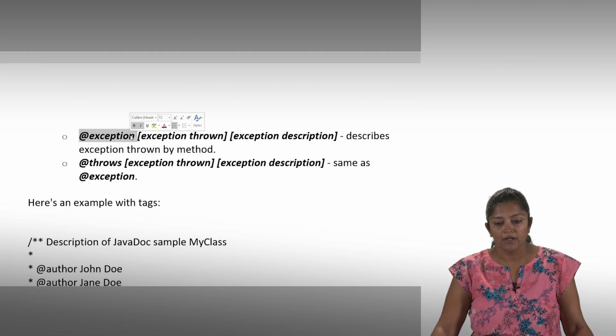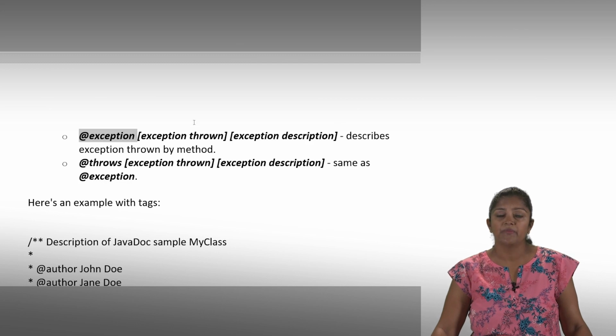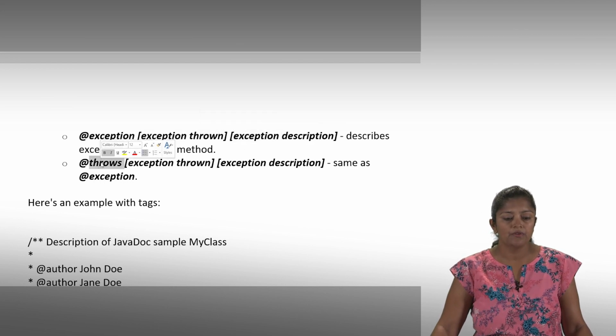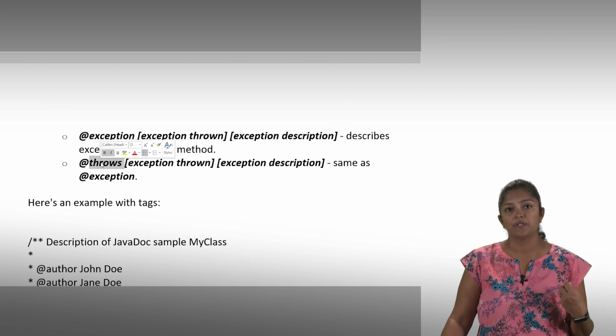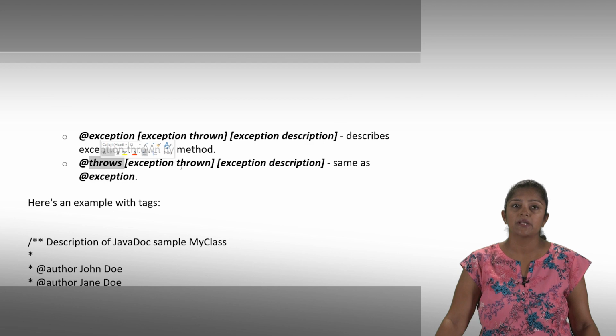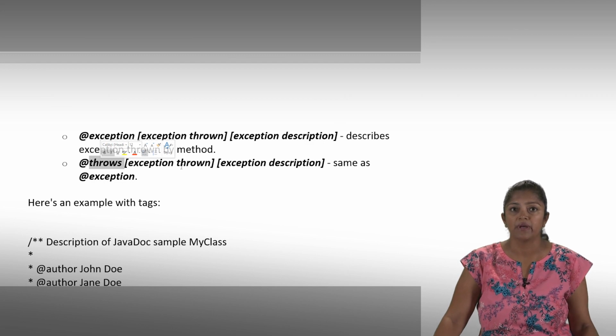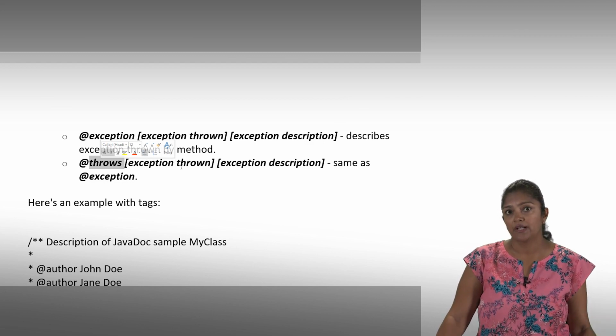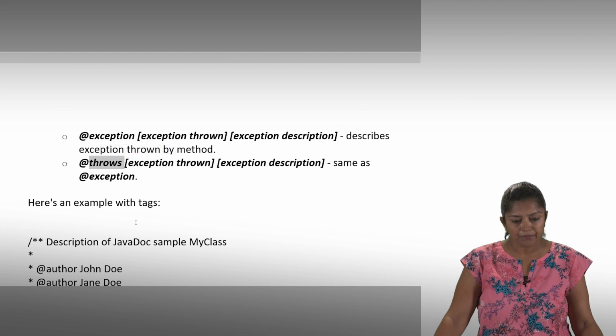If your method throws exceptions, then you use the predefined tag @exception and list all the exceptions that are thrown. You first list the name of the exception and a brief description of that exception. Another alternative to this is @throws. You can also use the @throws tag and then list all the exceptions that are thrown by that method, that it has already declared that it can throw.